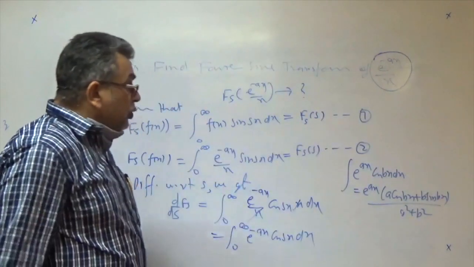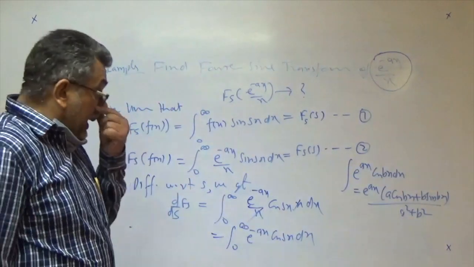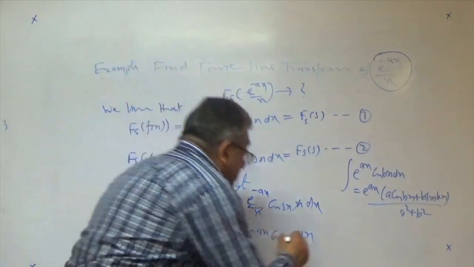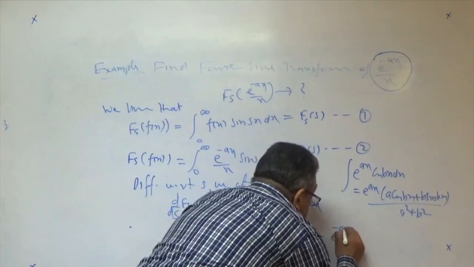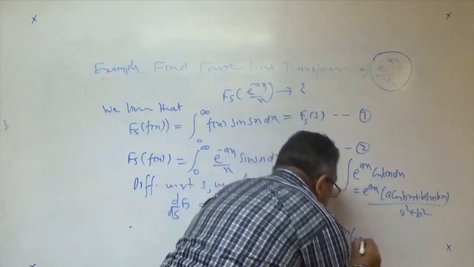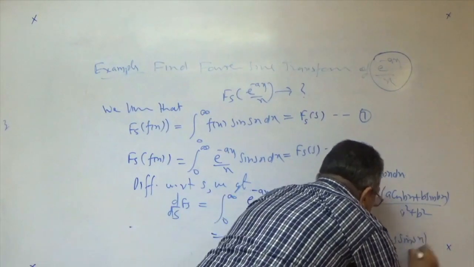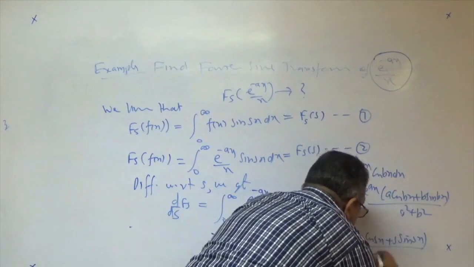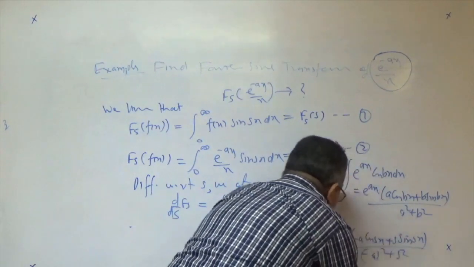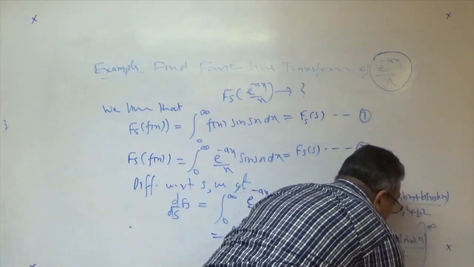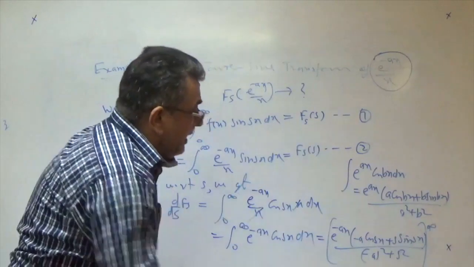Now you can use this formula directly and calculate the value. It is e to the power minus ax times (minus a cos sx plus s sin sx) upon minus a square plus s square, with limits from 0 to infinity.